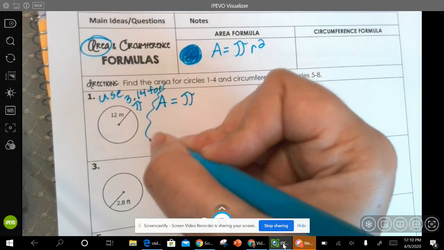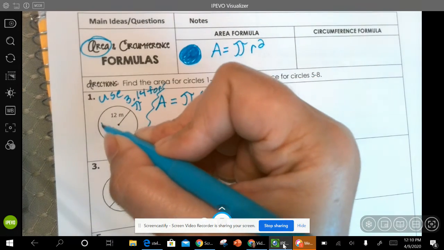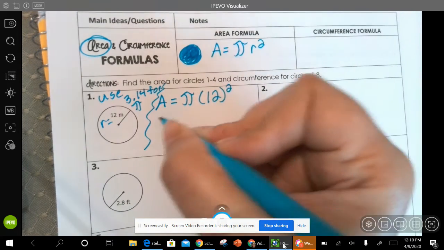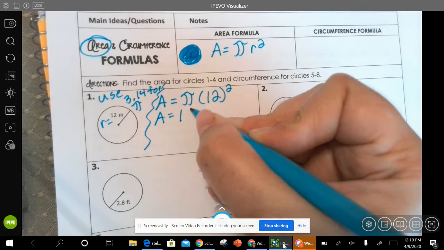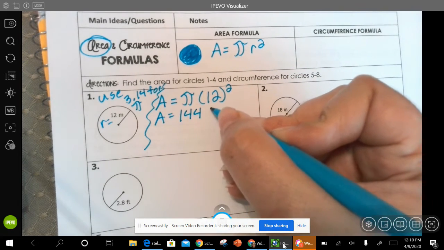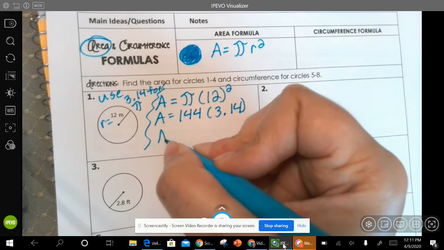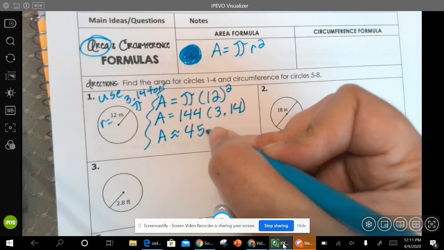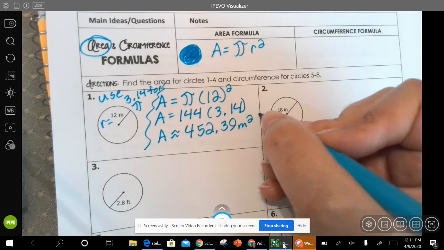So it's going to be equal to 12, that's the radius, squared. 12 times 12 is 144 times 3.14. So the area is approximately 452.39 meters squared.